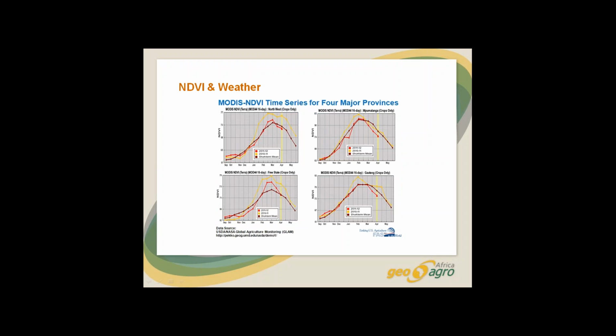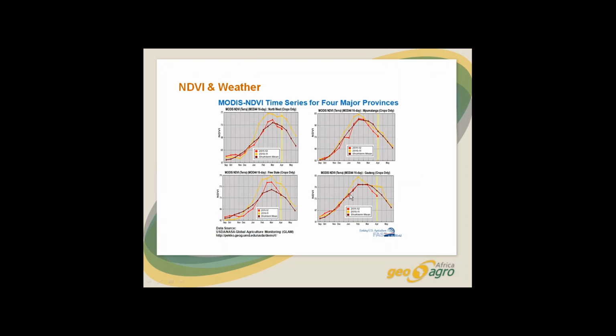We can see this in a time series. So you see this is the average for 4 provinces: Northwest, Mpumalanga, Free State, and Gauteng. And you'll see in yellow the curve that's showing the NDVI average for the province in 2011, and in red the average for the 2012 year.